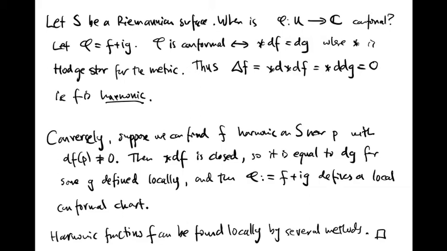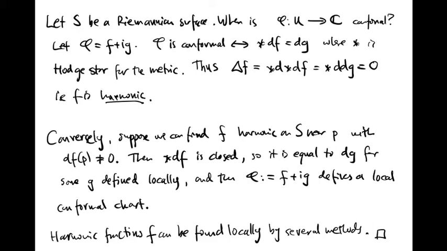Let's try to characterize what it means to say that a map from a Riemannian structure on a surface S to the complex plane is conformal. Let U be an open subset of S and φ be a map from U to the complex plane. When is it conformal? Well, let's write φ as f plus i times g, where f and g are real valued functions on S. To say that φ is conformal means that the Hodge star of df is equal to dg.